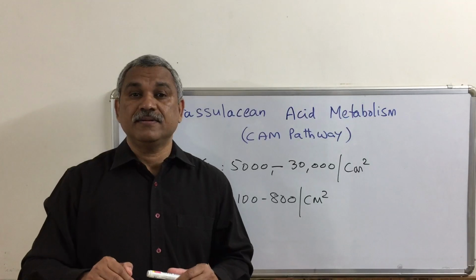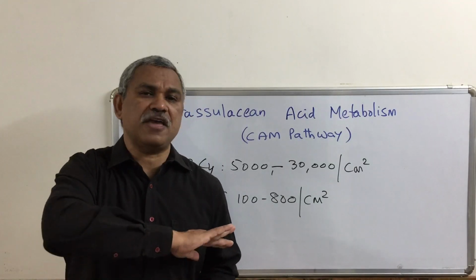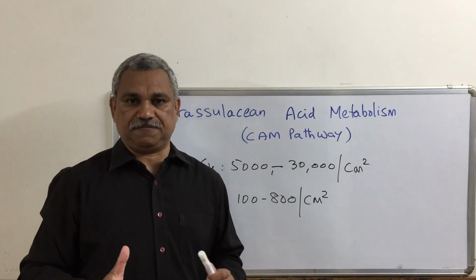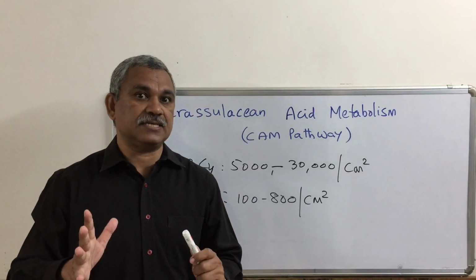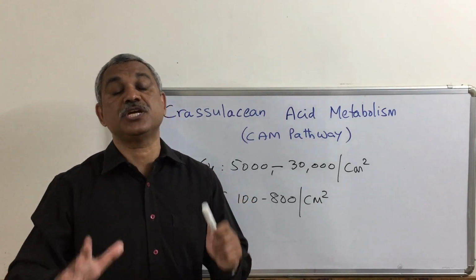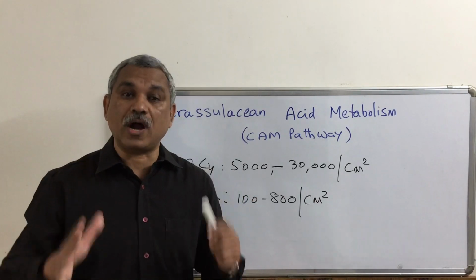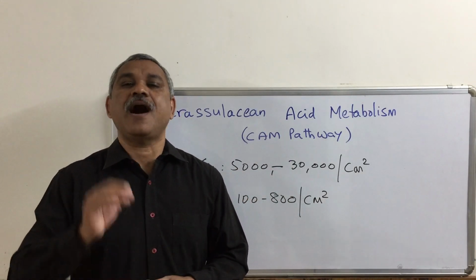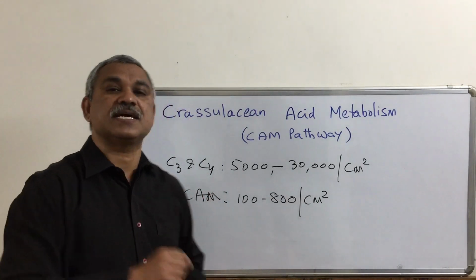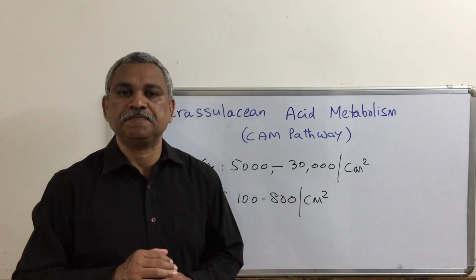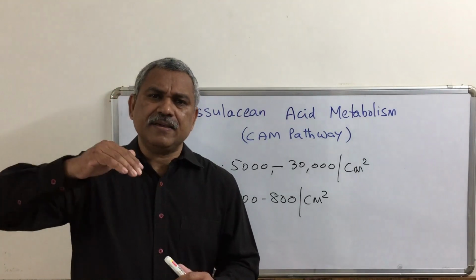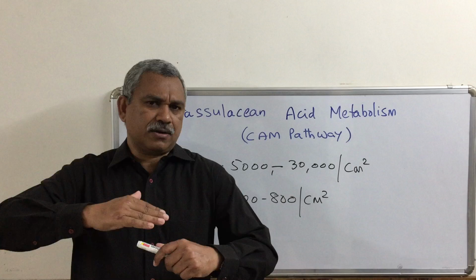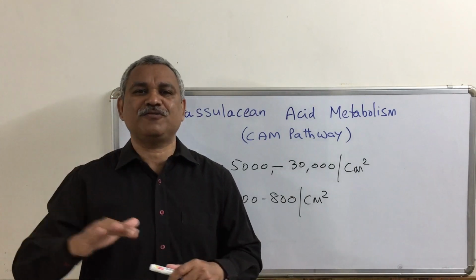Not only that, CAM plants have a very thick waxy covering around the leaves. This also minimizes the diffusion of gases and loss of water molecules when carbon dioxide is taken inside. Another interesting aspect seen in CAM plants is that the internal structures where photosynthesis occurs are not close to the periphery of the leaves.